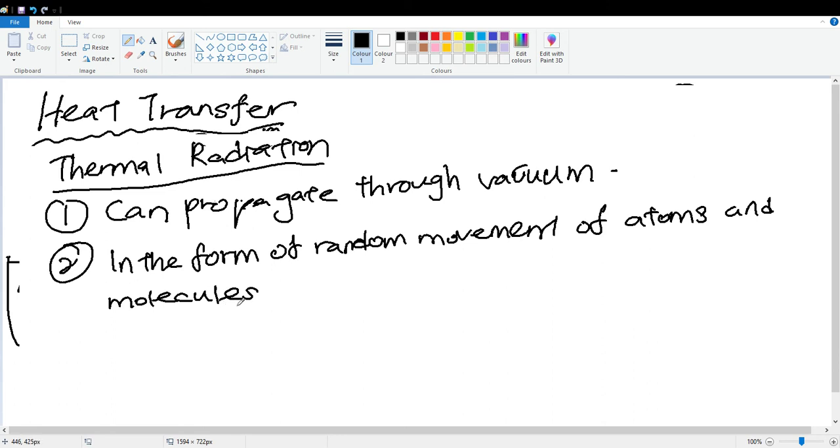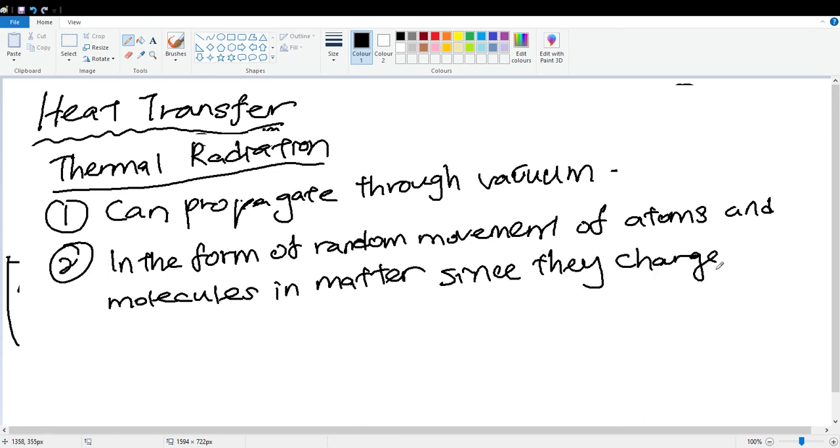Since they are charged particles, electromagnetic wave is actually the random movement of charged particles. So this is the second property.